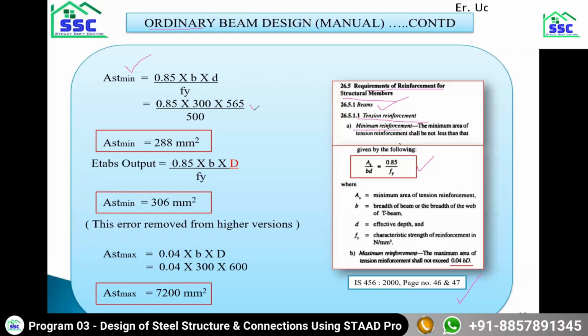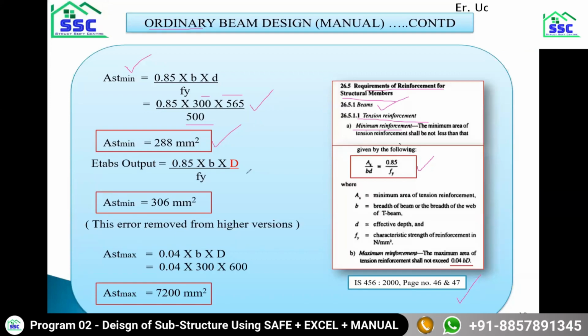If we include our design values, 0.85, width of the beam 300, effective depth 565, and steel grade 500, then we land up at the value of Ast minimum as 288 mm square. So whatever our design steel is, we have to provide minimum steel of 288 mm square in the beam.